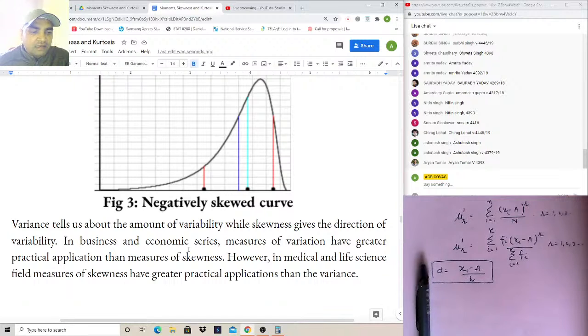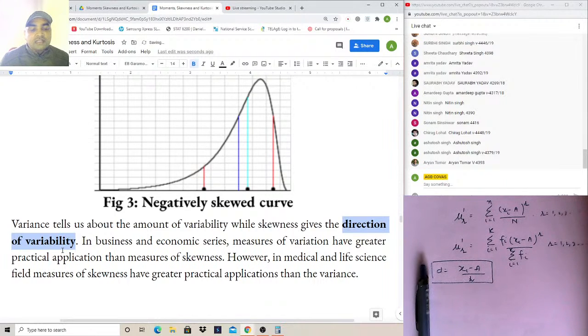Variance tells us about the amount of variability, while skewness gives the direction of it. Variance tells us the amount of variability in data, whereas skewness gives us the direction of variability, that is, in which direction the variability is more.